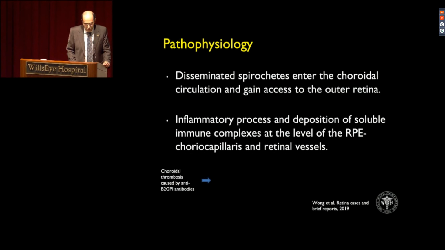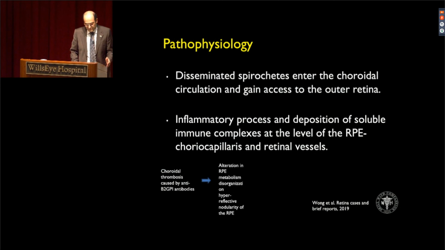So one article also suggested thrombosis happening because of anti-beta-2 GPI antibodies, which cause alteration in RPE metabolism, disorganization and hyperreflective nodularity of the RPE, and impaired photoreceptor function and EZ loss and hyperreflective dots in the retina.